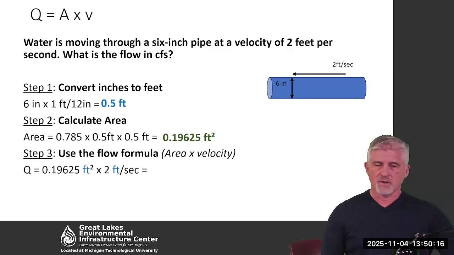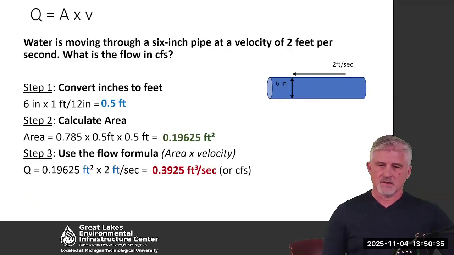So our flow is taking the area that we calculated and multiplying it by the velocity. Note that the feet are going to multiply together, my mistake, to give us cubic feet per second, or CFS.